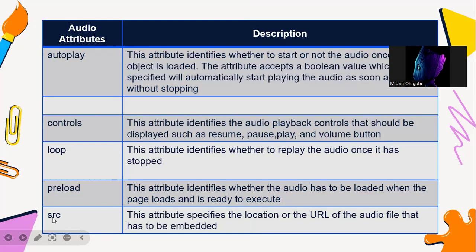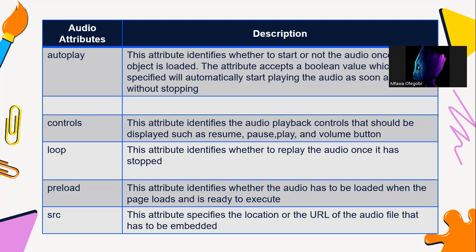Okay, we have spoken about the SRC attribute. SRC is short for source. The attribute specifies the location or the URL of the audio file that has to be embedded. The one we are using is an audio file from our folder, so the SRC attribute is specifying the location of that audio file.